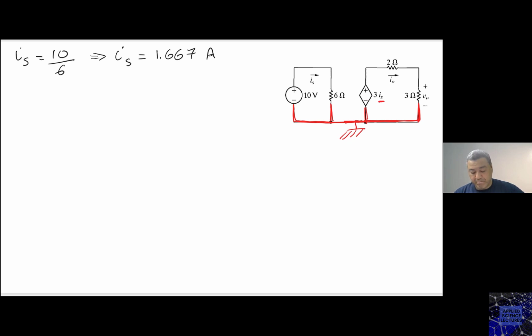Because usually that's what happens at a node, like at a junction point. Now, for this IS, the current is going to see a shorter path between the 10 volt here. So let me show you.